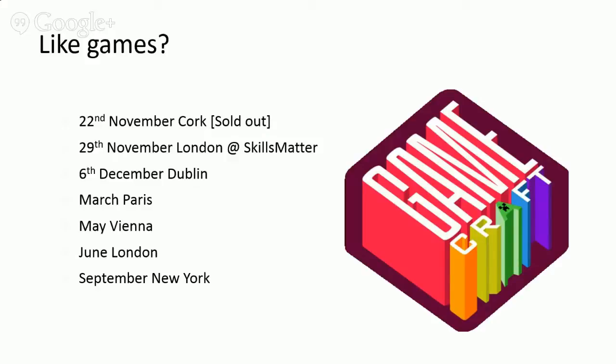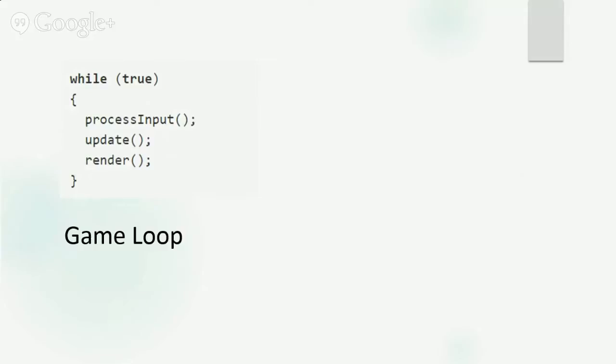Anyway, since we're doing this game-related stuff, it's really important to understand certain basic things about games, and one of the main things that games have is a game loop. A game loop is basically what you see on the screen.